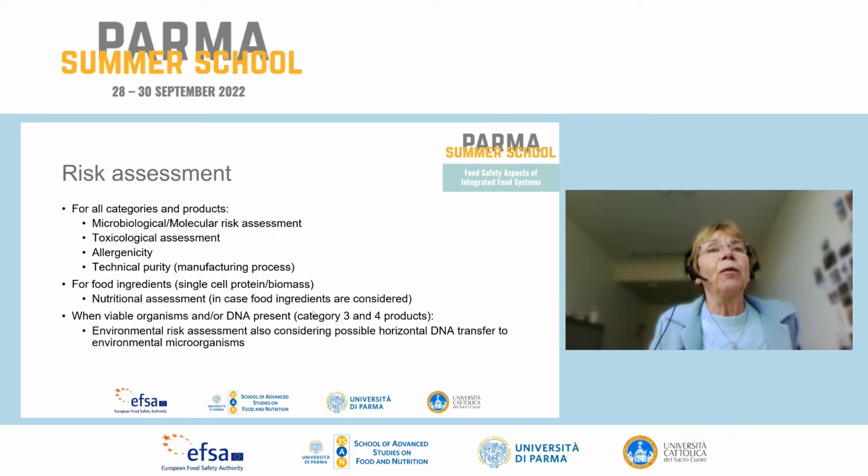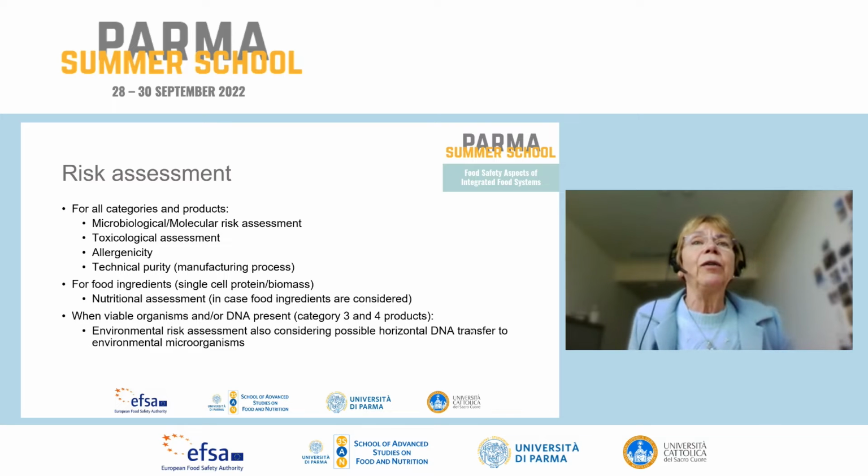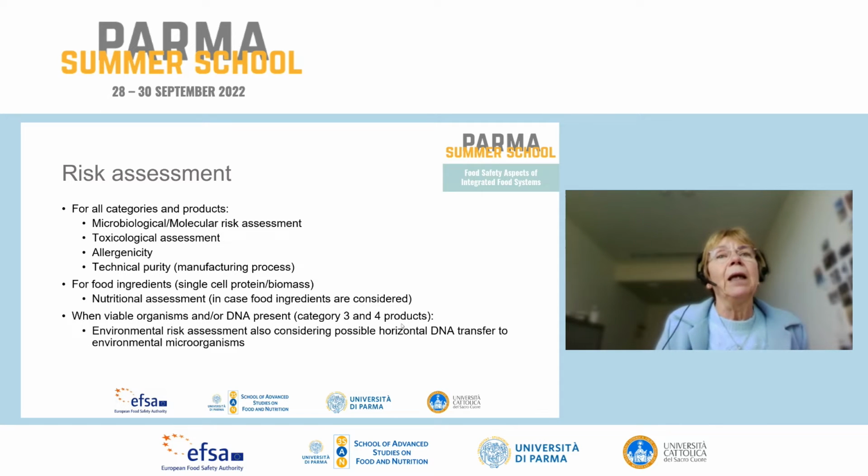And also for category 3 products, the possibility of horizontal transfer of DNA needs to be considered. For example, when the microbe would contain an antimicrobial resistance gene, it's important to consider that this antimicrobial resistance could eventually be transferred to other microorganisms and be of concern later on.